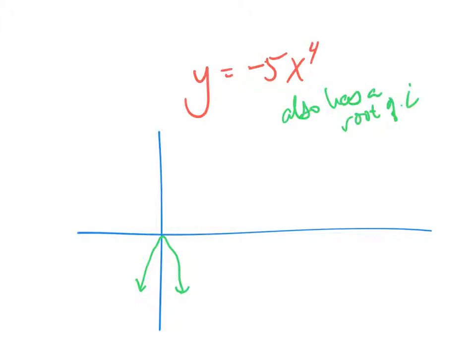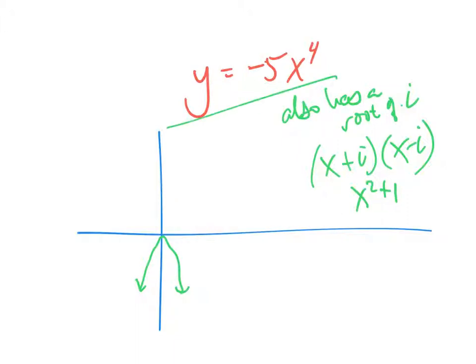Because that means that it has to have an x plus i and an x minus i in the equation. And when you multiply that out, that's x squared plus 1. Has to be in your equation somewhere. So this could just be the lead coefficient, and now I know that has to also be in my equation. And then we just did one like this a minute ago.